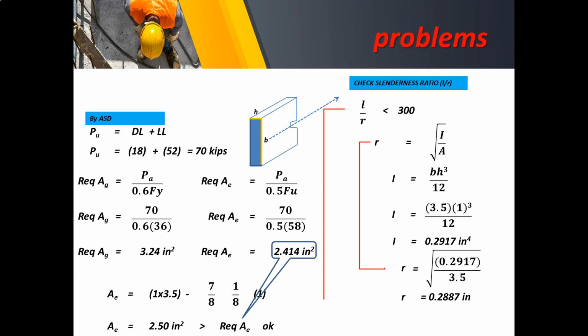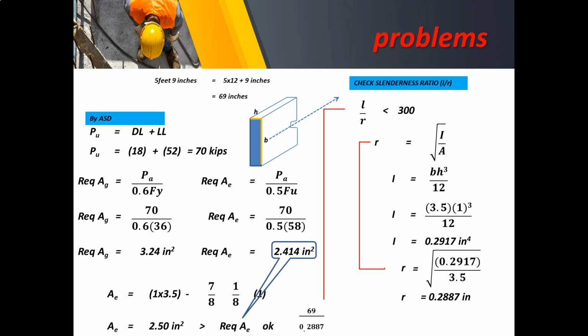So we now proceed to the mother equation, L over R. Of course, the length given is 5 feet and 9 inches. 5 feet and 9 inches should be converted to a total of inches. So 5 feet will be converted to inches. So therefore, we should multiply 5 by 12 and then add the 9 inches. So that would lead to 69 inches.